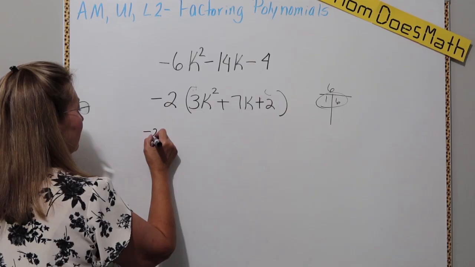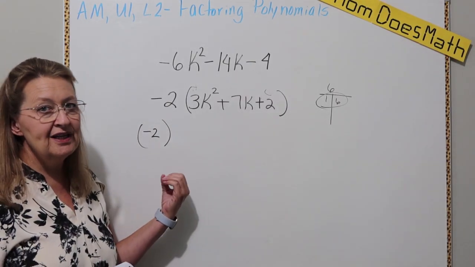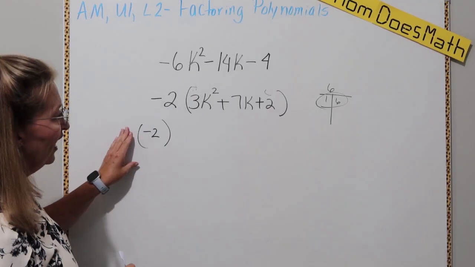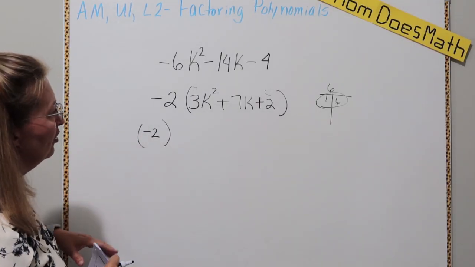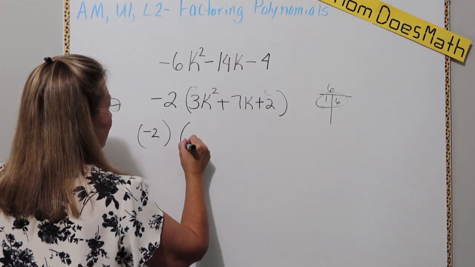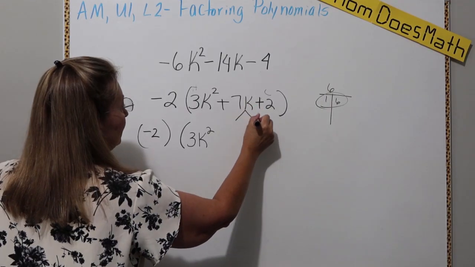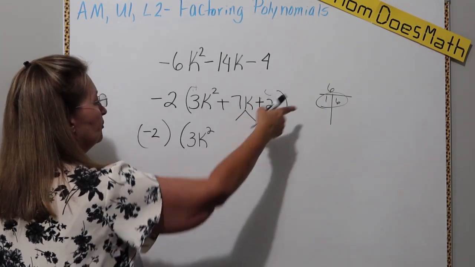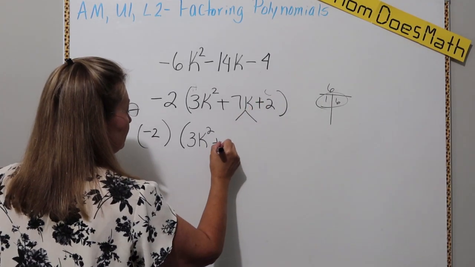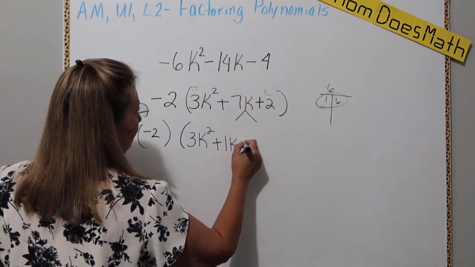Now I don't want to forget my negative 2, because when you factor, you don't want to lose any of the value. So it's factored out, but it's still going to be a part of my answer. Now, when I do the AC method, my first term doesn't change. I am rewriting my middle term to be the sum of 2 other ones. And I'll put 1k, you could just put the k.